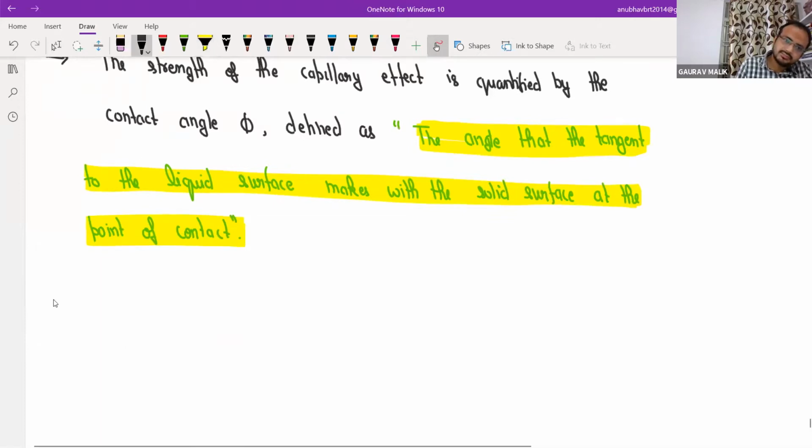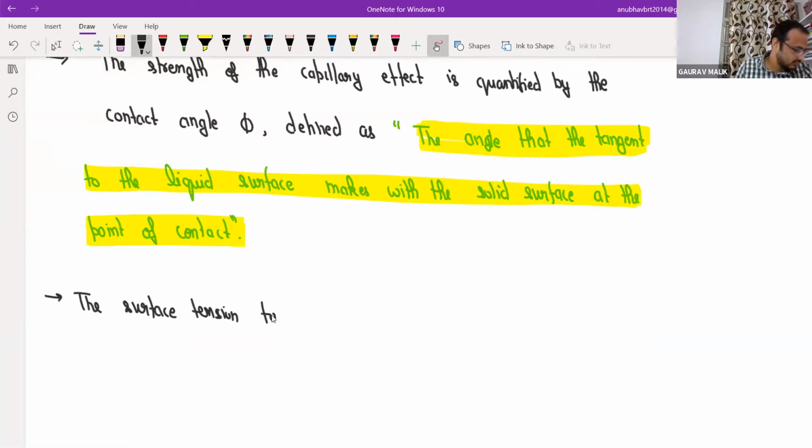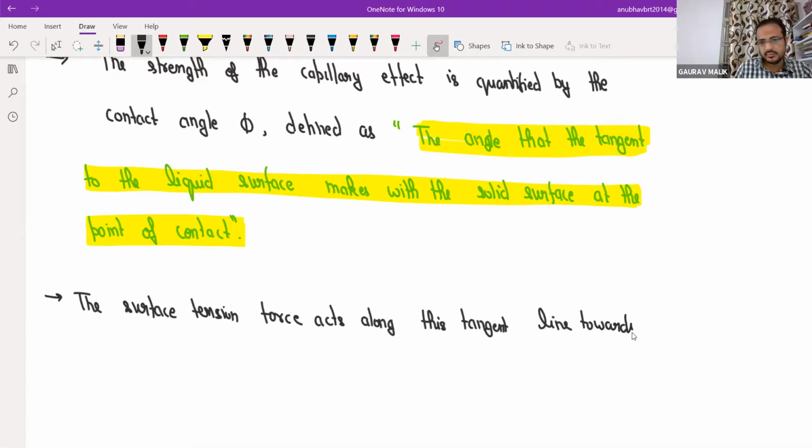And we know that the surface tension force acts along this tangent line towards the solid surface.